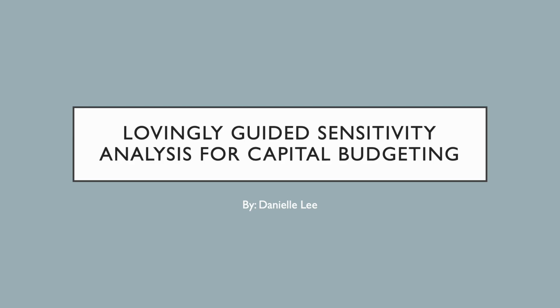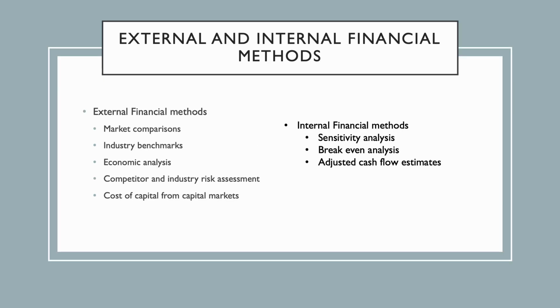My name is DLee, and this is Lovingly Guided Sensitivity Analysis for Capital Budgeting. When creating a capital budgeting plan, both external and internal financial methods are used to determine the risk associated with a new project.